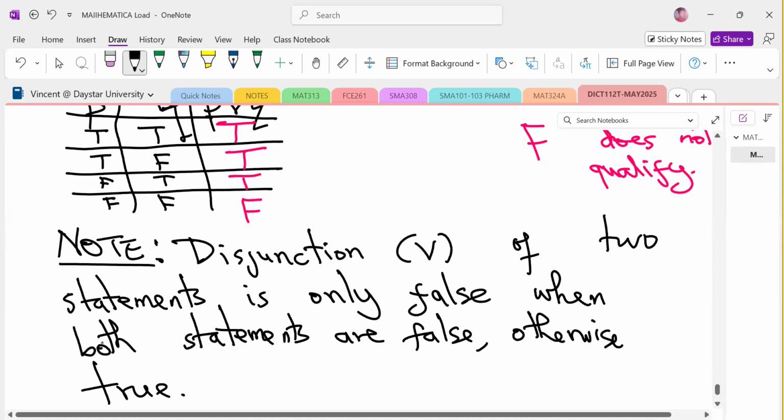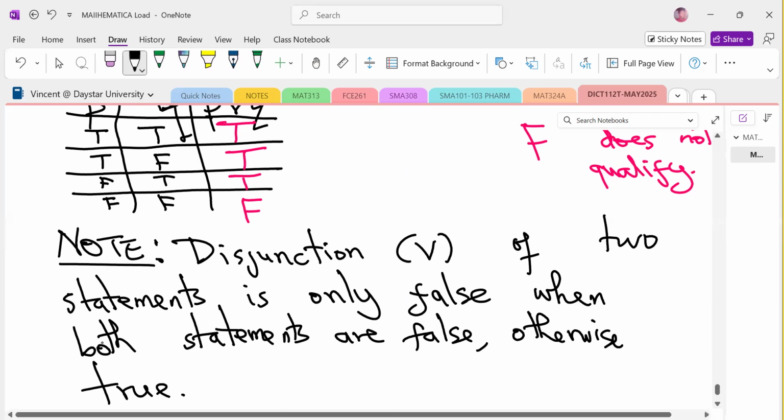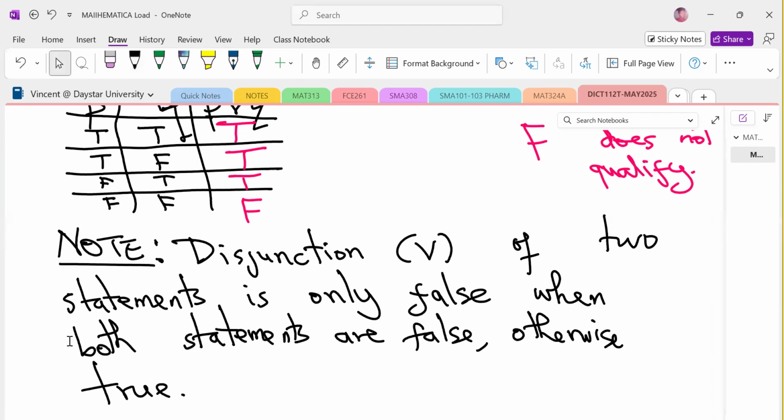So that's the main take home: when you are constructing a disjunction truth table, check a line that has everything as false, you fix as false. But any line where you see at least a T, the final answer must also be a T. So it is only false when both statements are false. But if both are true or one of them is true, then the statement is true.